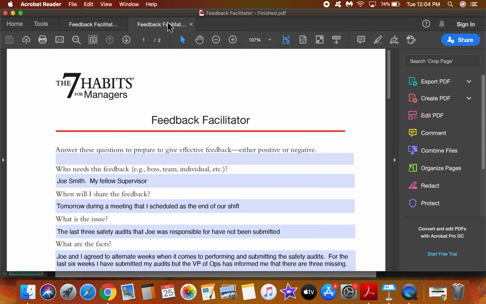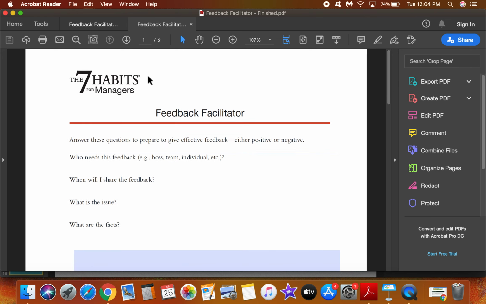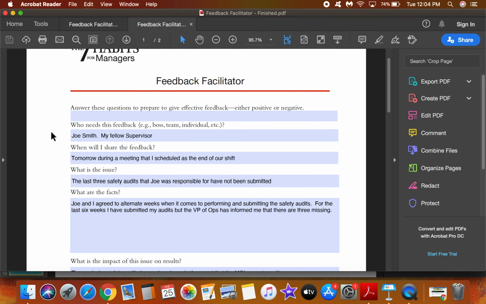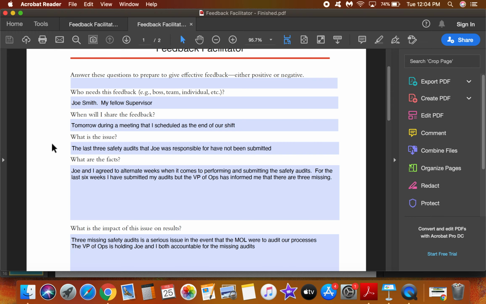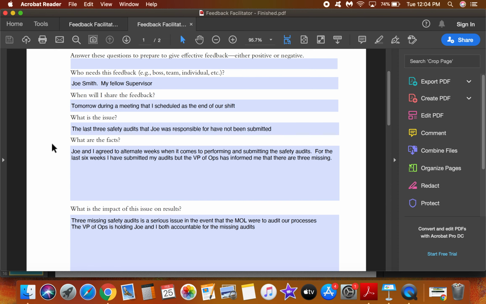So let's go over a real scenario that I've put in here. The first thing is answer these questions to prepare you to give feedback. The first question is, who needs it? Well, this guy Joe needs it. He's the supervisor that I work alongside with at my company. When am I going to do it? I've set the time. I've committed to it. Tomorrow at the end of our shift, we're going to have a meeting. And what is the issue?